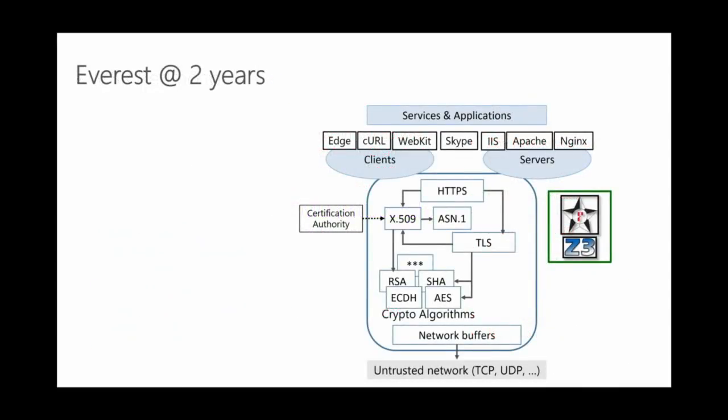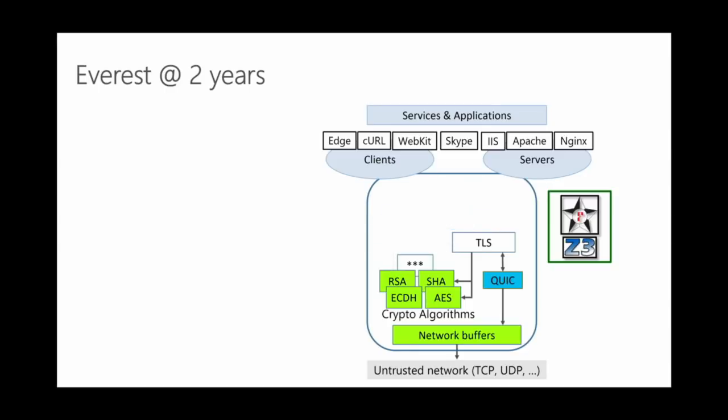So here's where we are at sort of 2.5 years. We have verified implementations of most of the key cipher suites that are used in TLS. We've, for the moment, not looked so much at the public key infrastructure, but have instead been looking at a protocol called QUIC, which is a new development in this ecosystem.